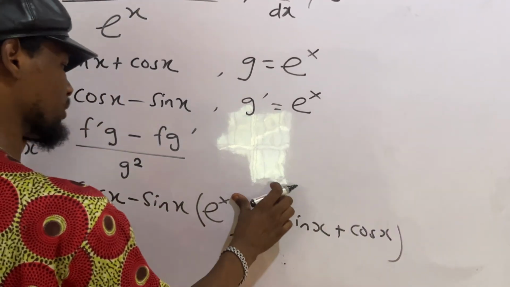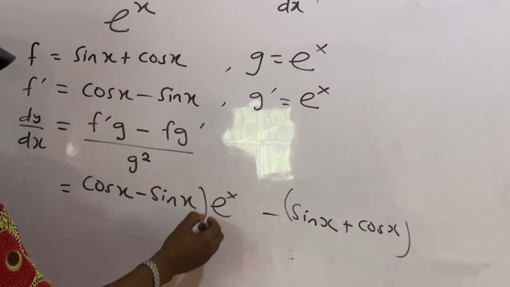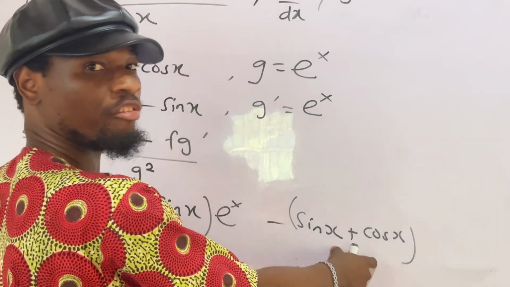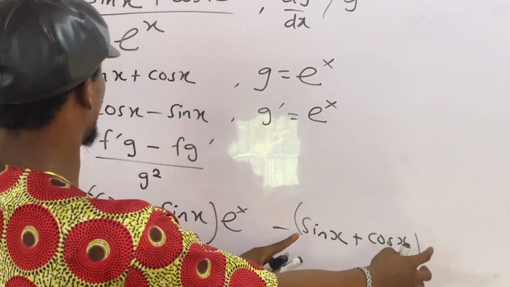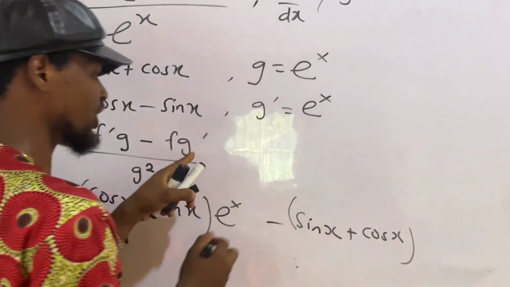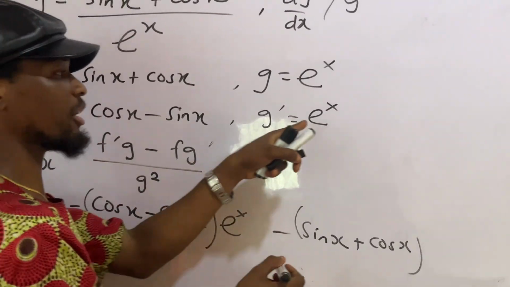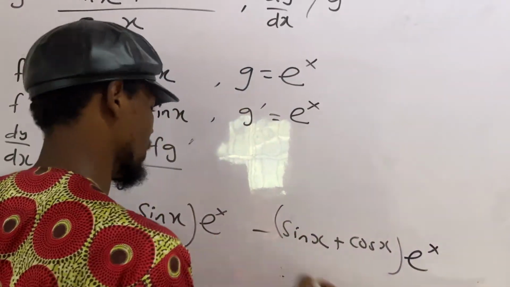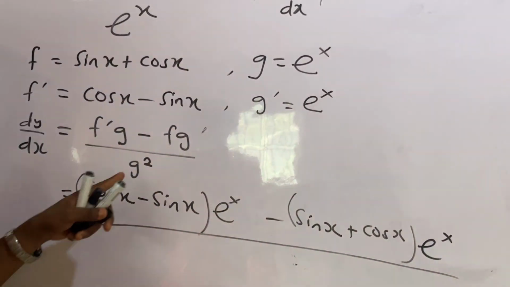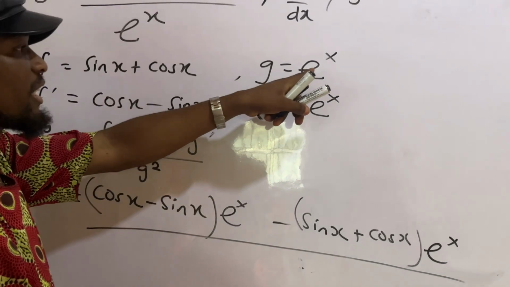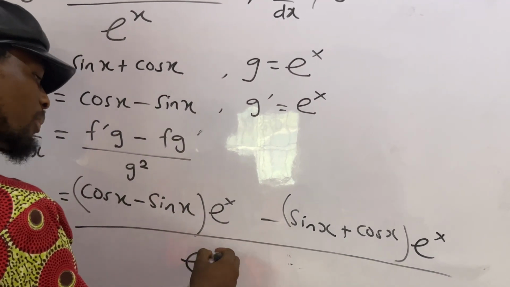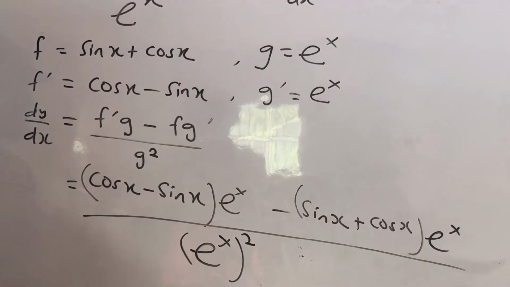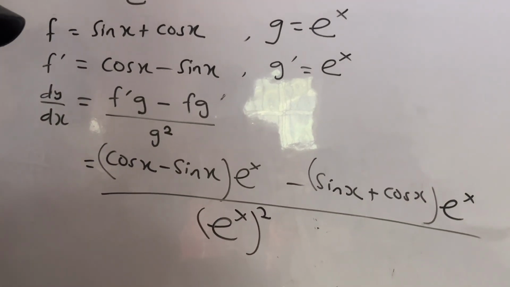Now this whole expression, your f, is multiplying g prime. Where's my g prime? g prime is simply e to the power x, then all over g squared. This is my g, which is e to the power x, but since it is g squared, you square this. So now the result becomes this.